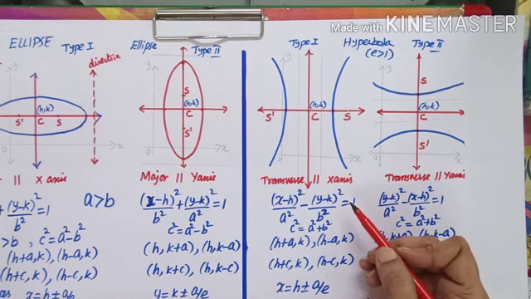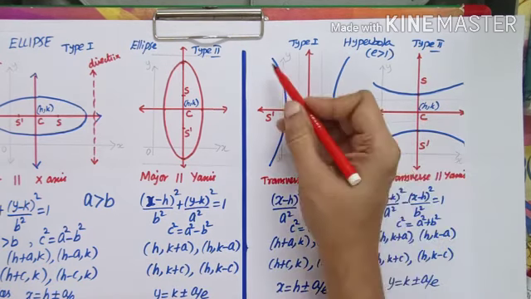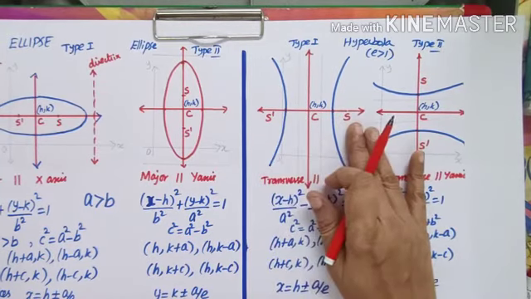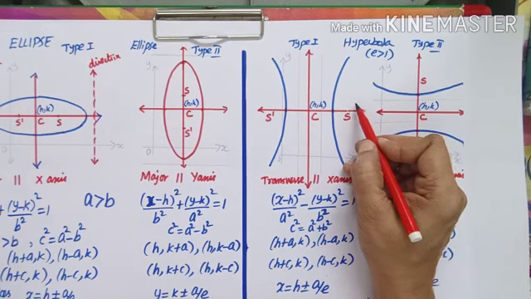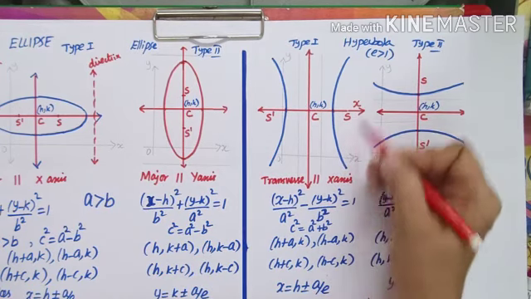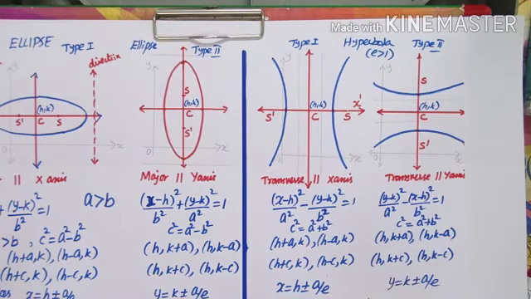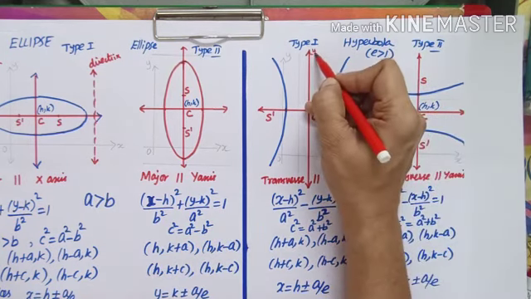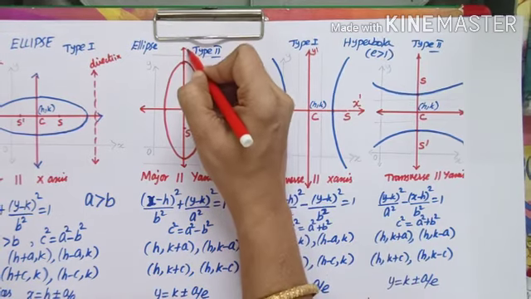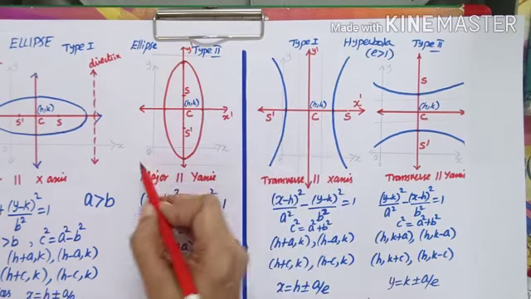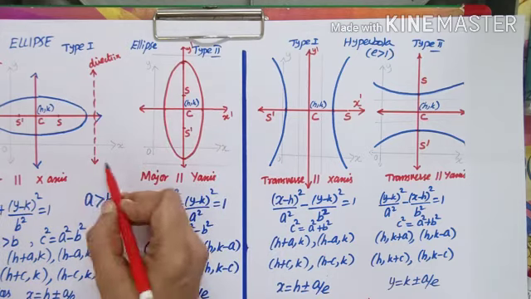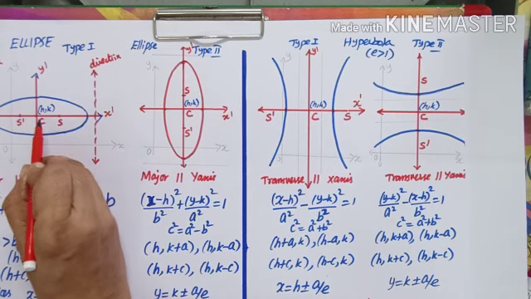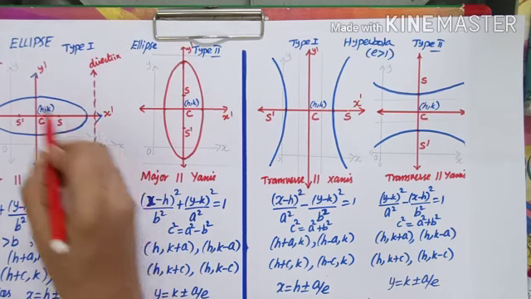But in hyperbola, the line that cuts the curve, I call transverse. So first type, x is the transverse axis, or it is parallel to x-axis. In the second type, whenever it is parallel, this is another axis. So put x dash and y dash. These are not x and y. X and y will be somewhere here. Is the idea clear? So this is x dash and y dash. Because we have taken some other center, do not mark them as x, y.